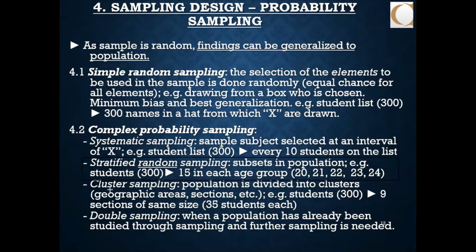Then cluster sampling, you have clusters, and then double sampling. When you do further sampling from the sample you got, you do another sample of that sample. It gets more complicated, but I just recommend randomly sampling things instead of using these complex techniques. Just randomly sample from the population.